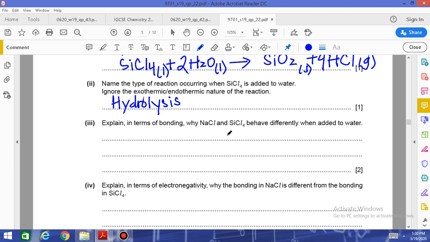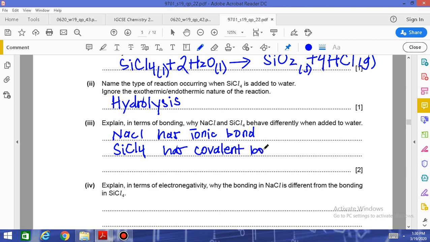As I mentioned before, sodium chloride has ionic bonds while silicon tetrachloride has covalent bonds. That's why the ionic compound only dissolves in the water when it's added to water, while the covalent compound is hydrolyzed with water when it's added to water.